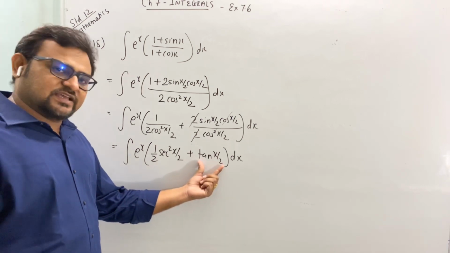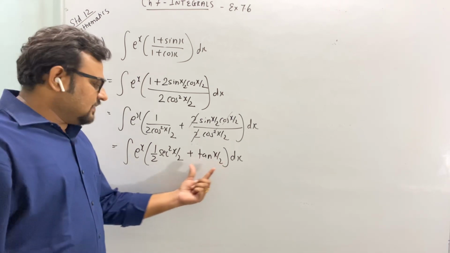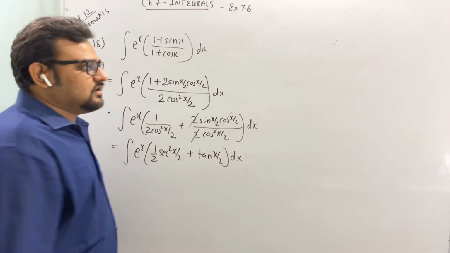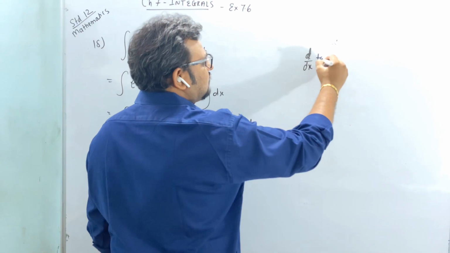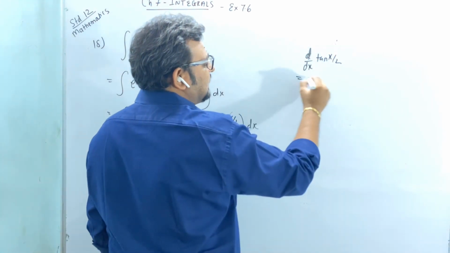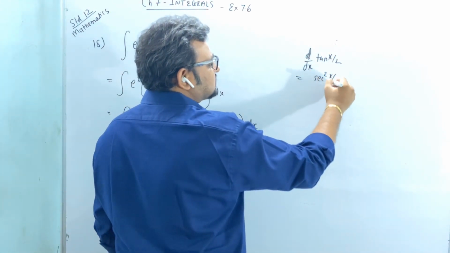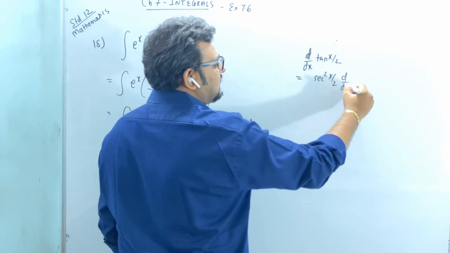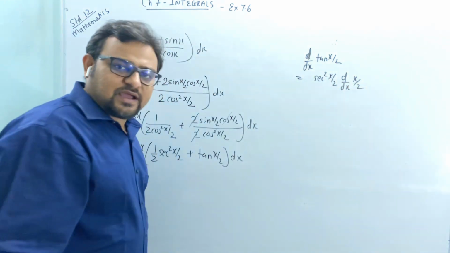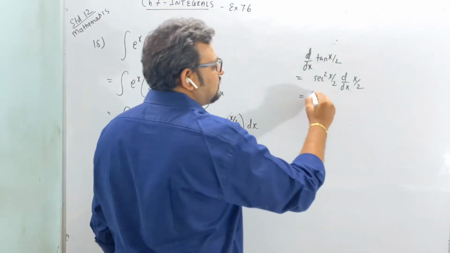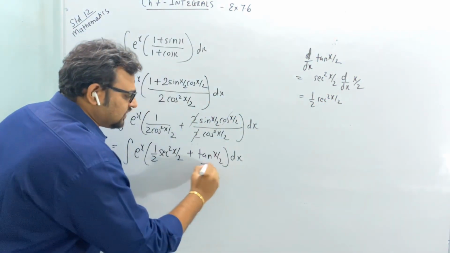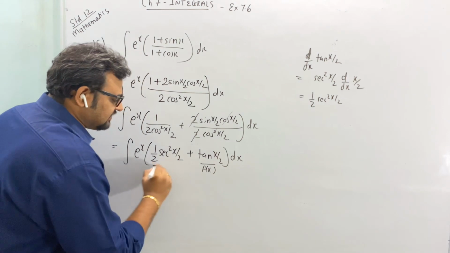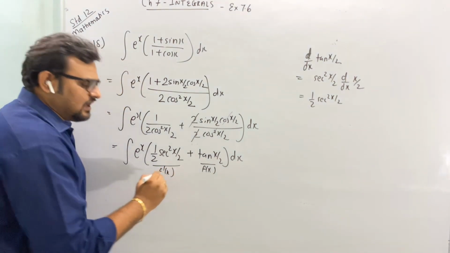If I take tan x by 2 as f(x), then its derivative is sec square x by 2 into d by dx of x by 2. Derivative of x by 2 is 1 by 2. So this will be f(x) and this will be f'(x).